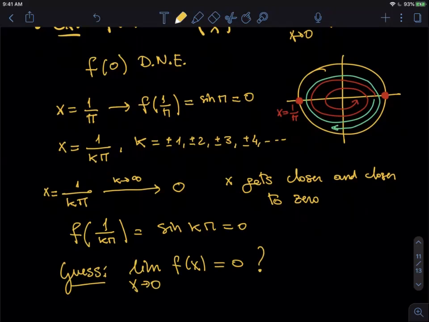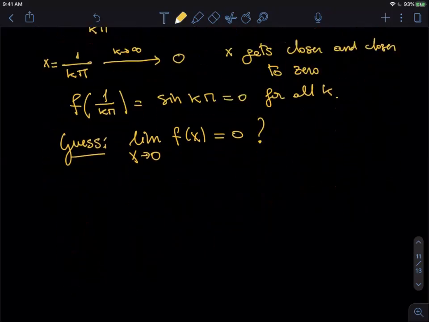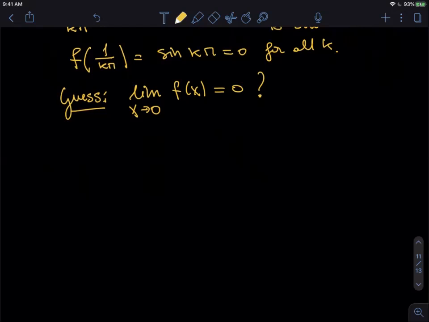This could be true because this is so many values. For every value of k, we have found a sequence of x's that tend to 0 and f of x goes to 0 too. So this is a possibility. So maybe 0 is the limit. Okay, but here let's be careful because we could take a different approach.